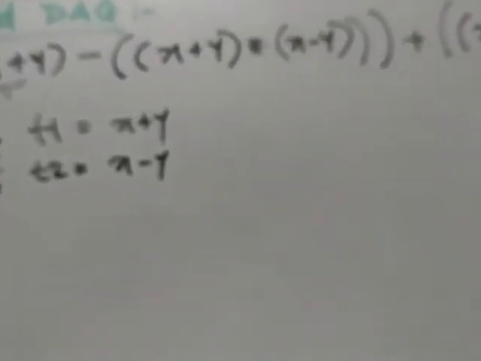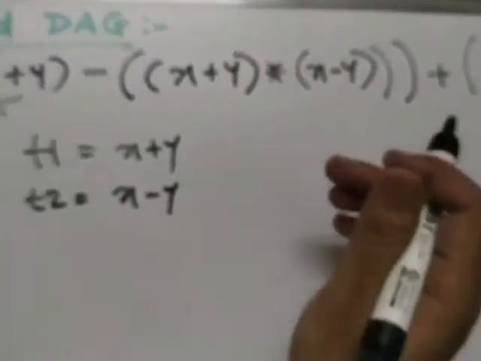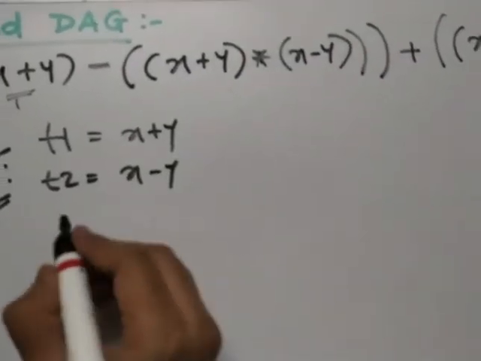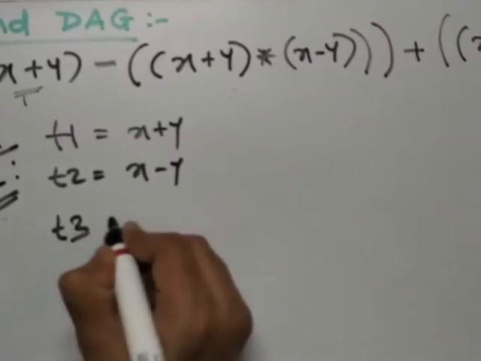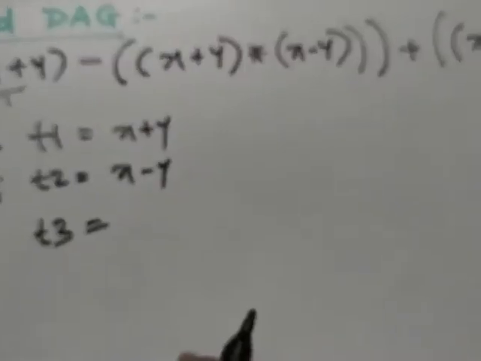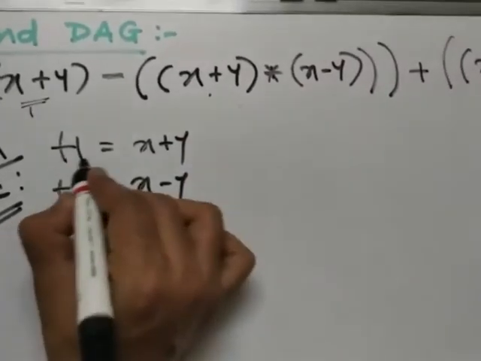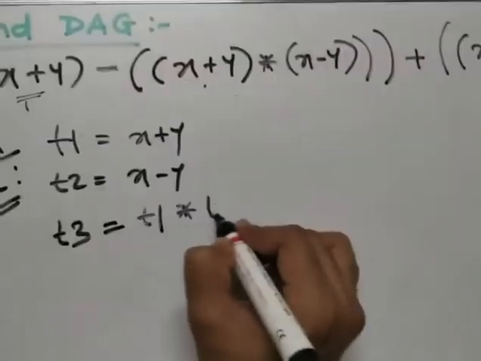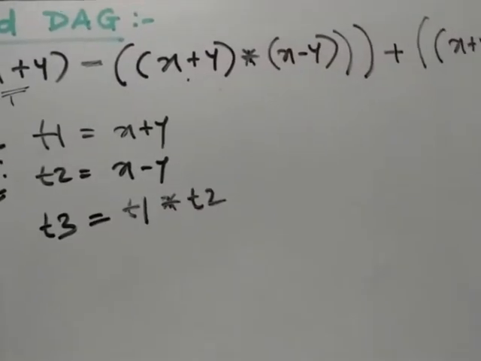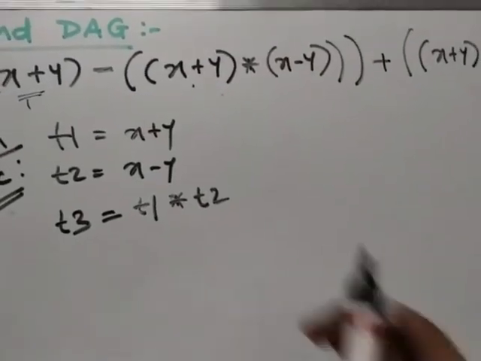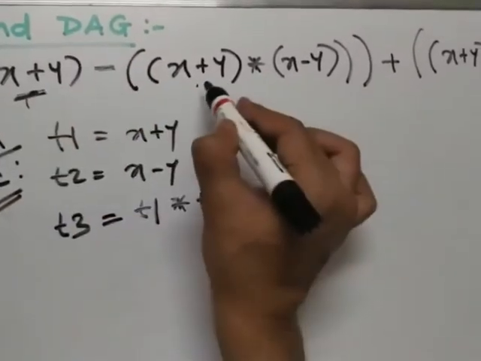So we will simply solve this particular bracket. For that I am creating a new temp, let's say T3, which will compute the multiplication of T1 for x plus y and T2 for x minus y. So T3 will be T1 into T2. So this part is over.